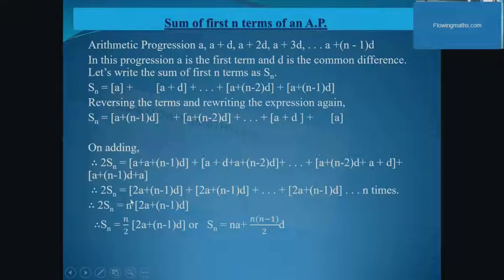So 2Sn is equal to 2a plus (n minus 1)d, n times, which is n into (2a plus (n minus 1)d). So Sn is n upon 2, (2a plus (n minus 1)d). This is the formula for calculating the sum of all terms in an AP.